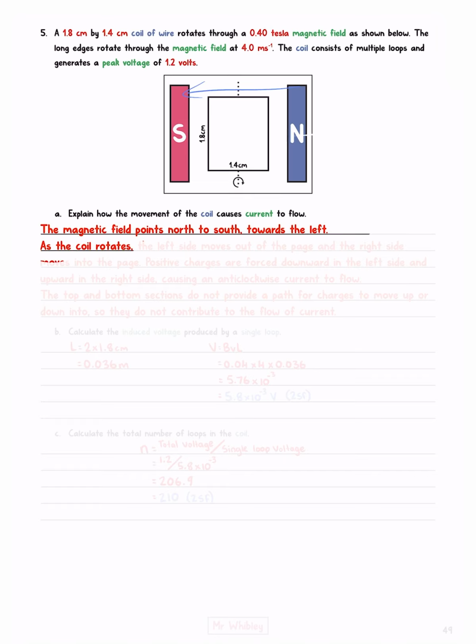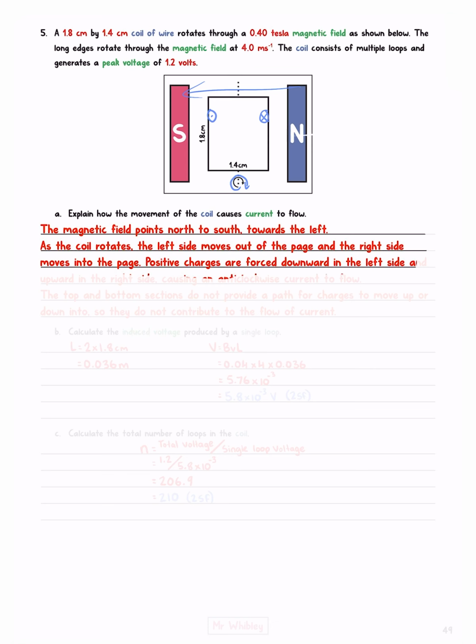As the coil rotates, the left side moves out of the page and the right side moves into the page. Because our coil is rotating clockwise, this section is moving up and this section is moving down into the page. Positive charges are forced downwards in the left side and upward in the right side.